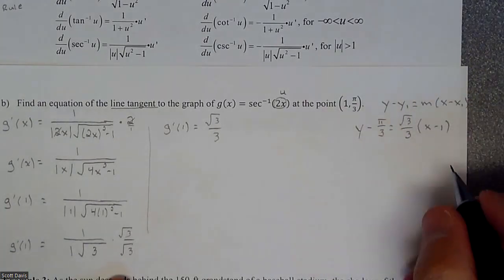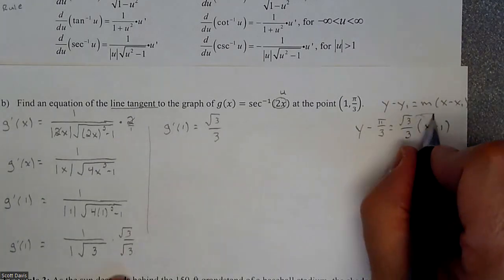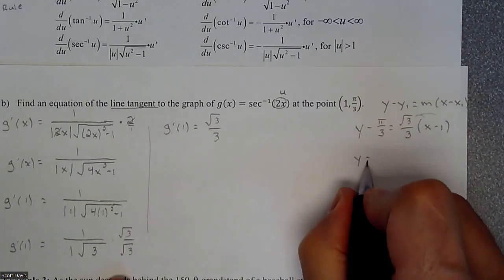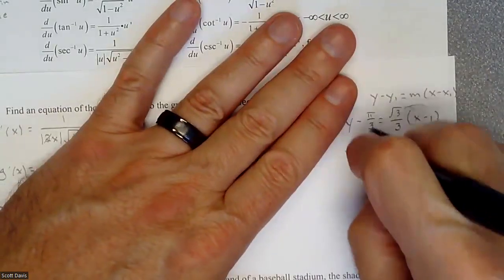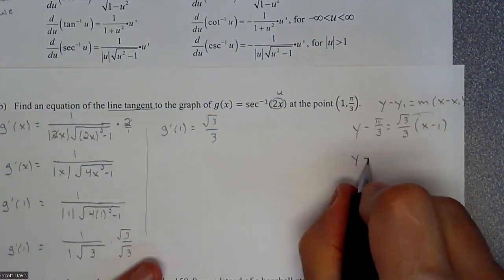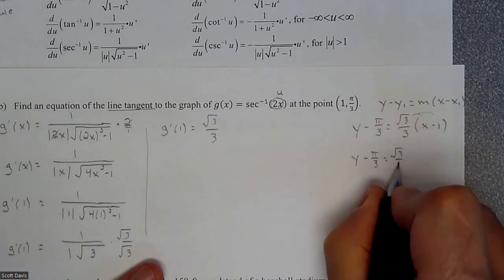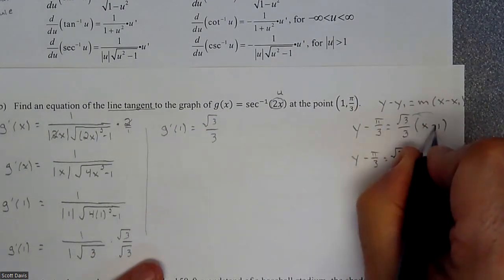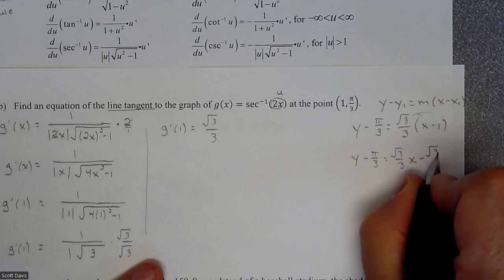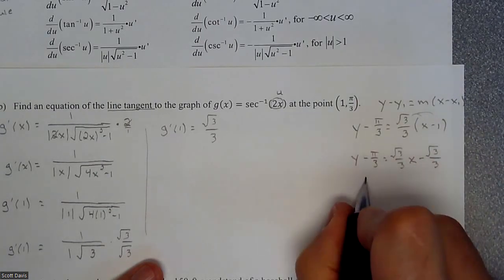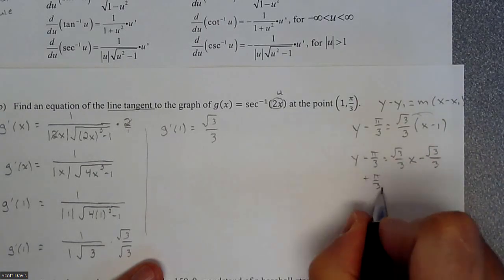And then let's turn it into y equals mx plus b. So we'll distribute. We're looking at y minus pi over 3 equals root 3 over 3 x minus root 3 over 3. We're going to add pi over 3.